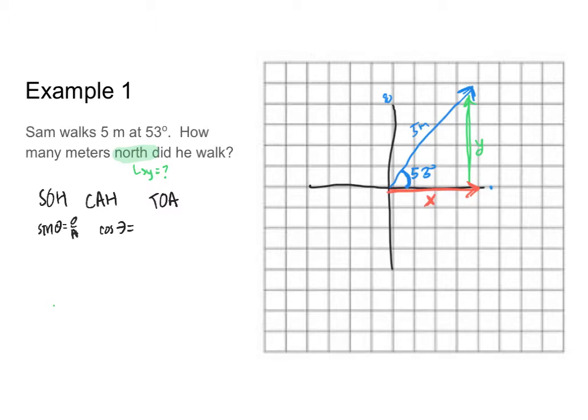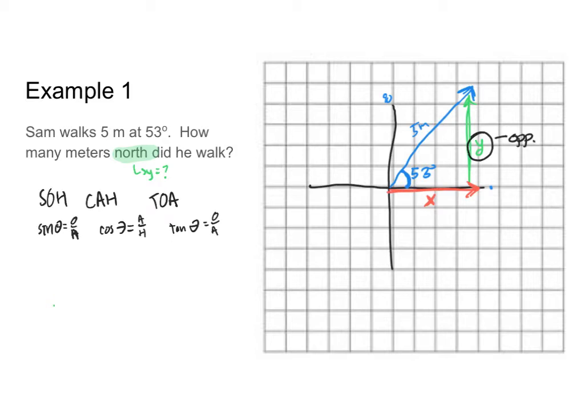Sine is equal to opposite over hypotenuse, cosine is equal to adjacent over hypotenuse, and tangent is equal to the opposite side over the adjacent side, with the sides, of course, being the lengths of each side.